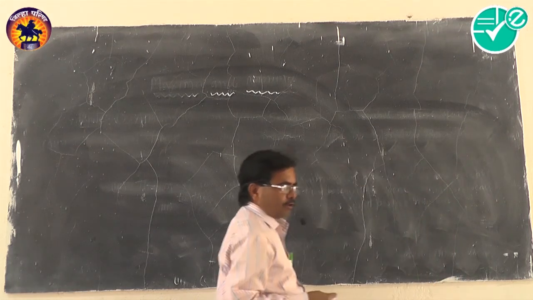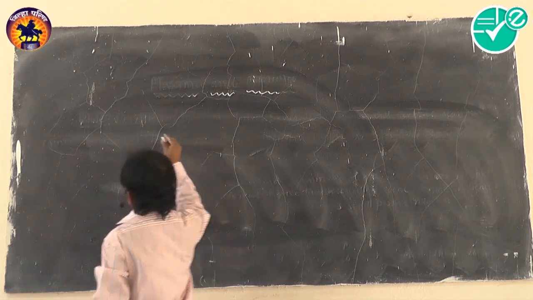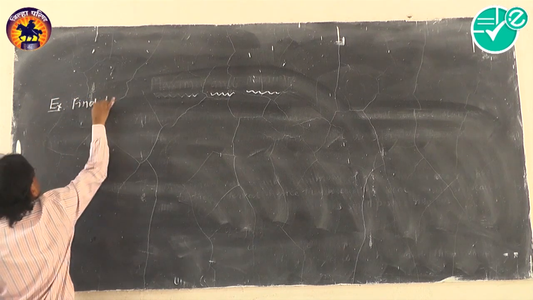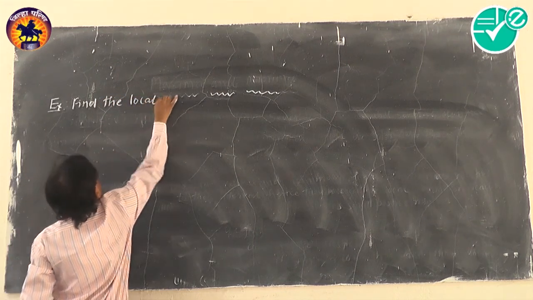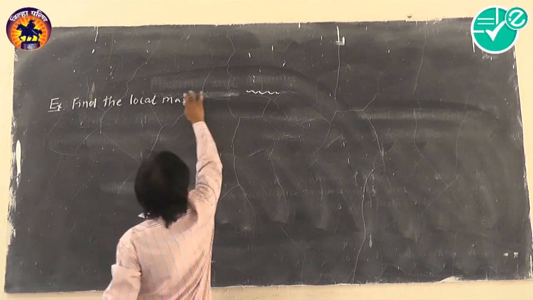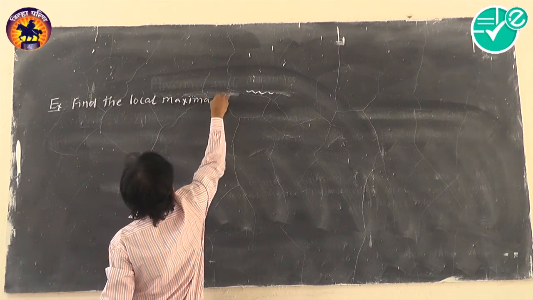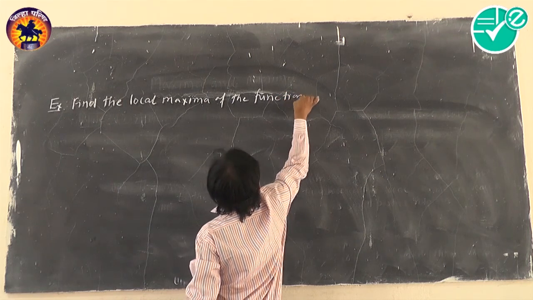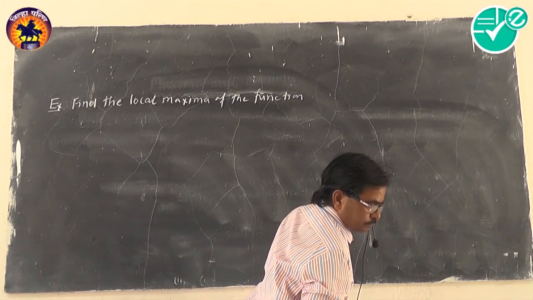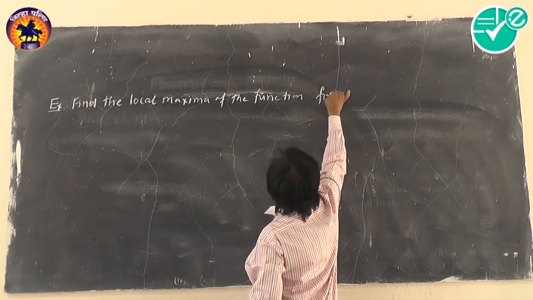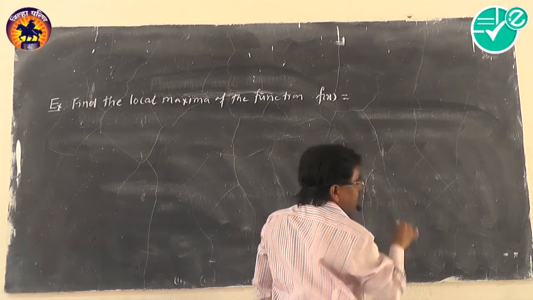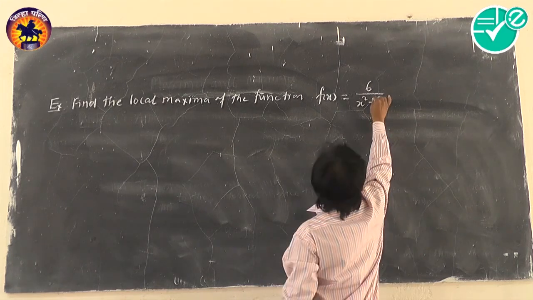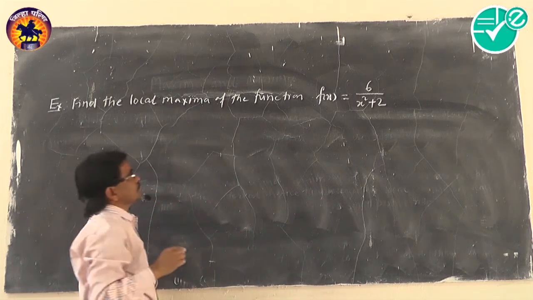Example: find the local maxima of the function f of x is equal to 6 upon x square plus 2.